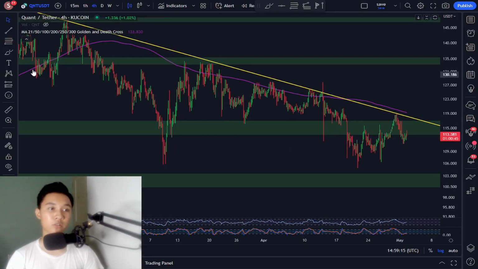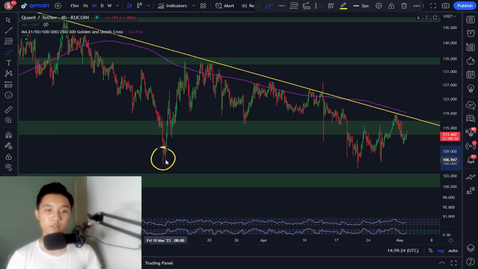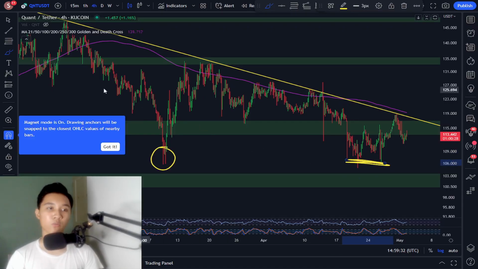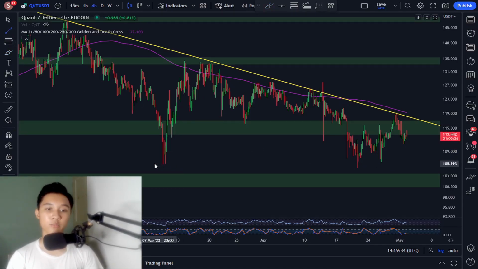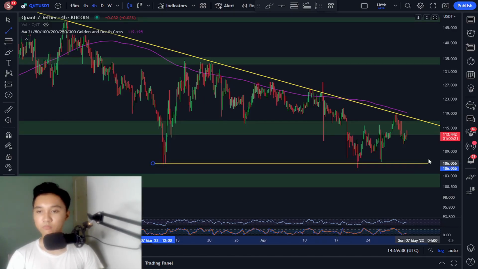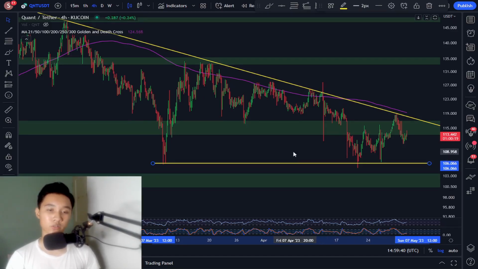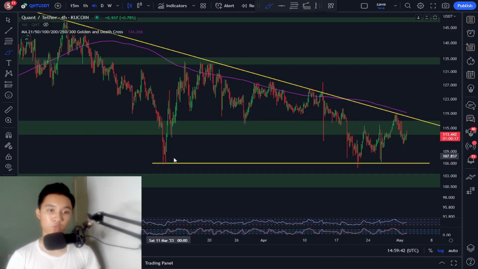If you look closely, we made the first bottom right here, on March 10 of 2023, and now we have touched the exact same level once again, around $106. Let me just draw out a trend line right here. Yes, $106. That was when we made the first swing low during March 10.